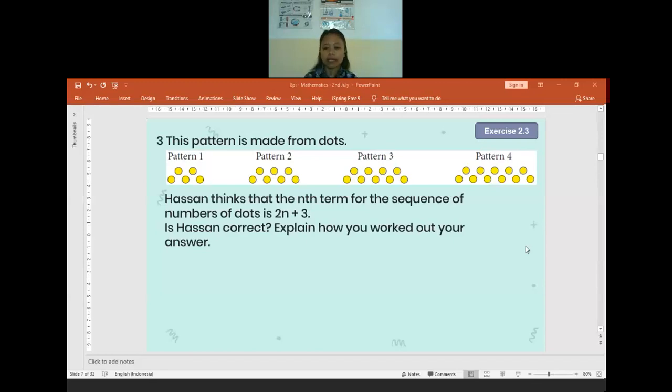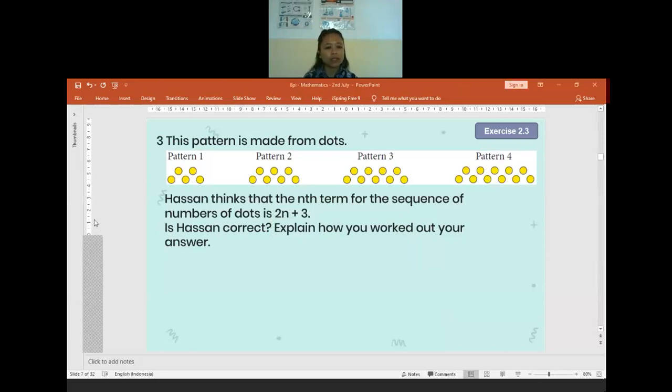The second way is the easier one, by replacing the letter n with the number 1, 2, 3, 4, depending on whatever pattern is already given. Which one will you choose? Okay, we are going to replace the letter n.